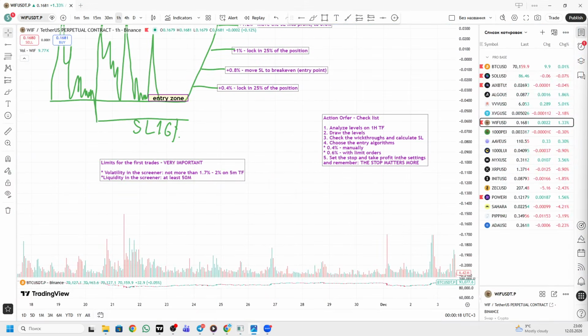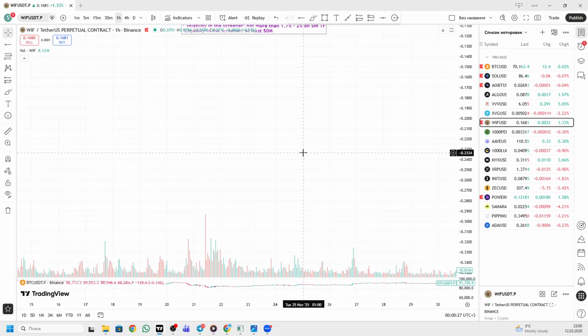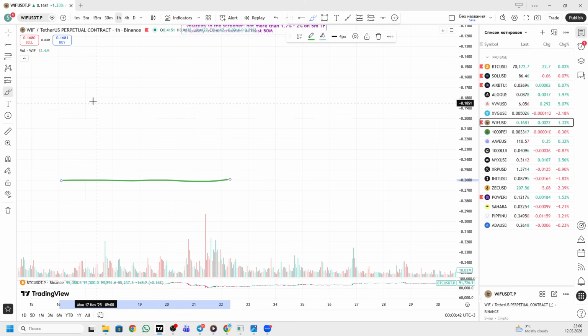Actually, I want to show you one more thing. I want to draw actually one more thing. Let's go somewhere down here. So today we are working with a bounce strategy. Let's try to draw it like this.